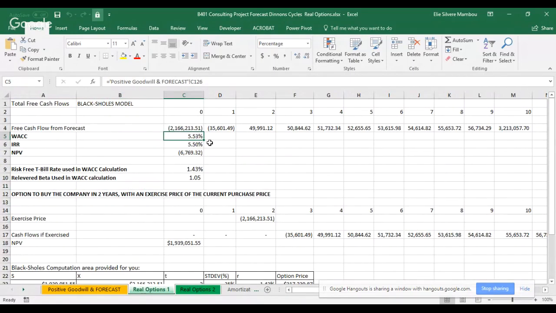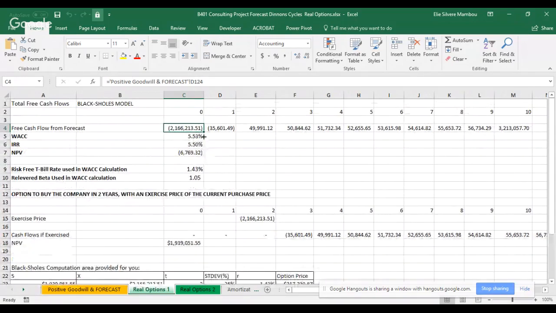With our real options, what we've done, we've brought in all our free cash flow for our present forecast, as you can see on the screen. Can you see it, Madeline? Okay. And in year 1, we got our initial investment price, which was 2 million.